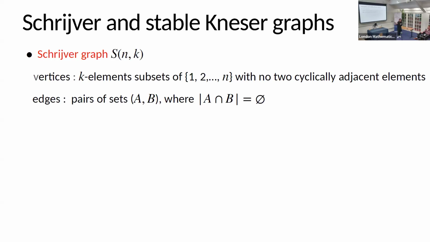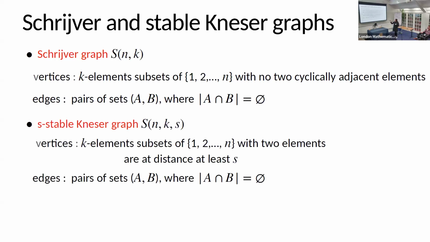For example, if k is 2, n is whatever, you cannot have a set with elements 1, 2, because 1 and 2 are adjacent. And this is cyclic, so you cannot even have n and 1 in the set. And the edges are like Kneser graphs. We join 2 sets only when they are disjoint.